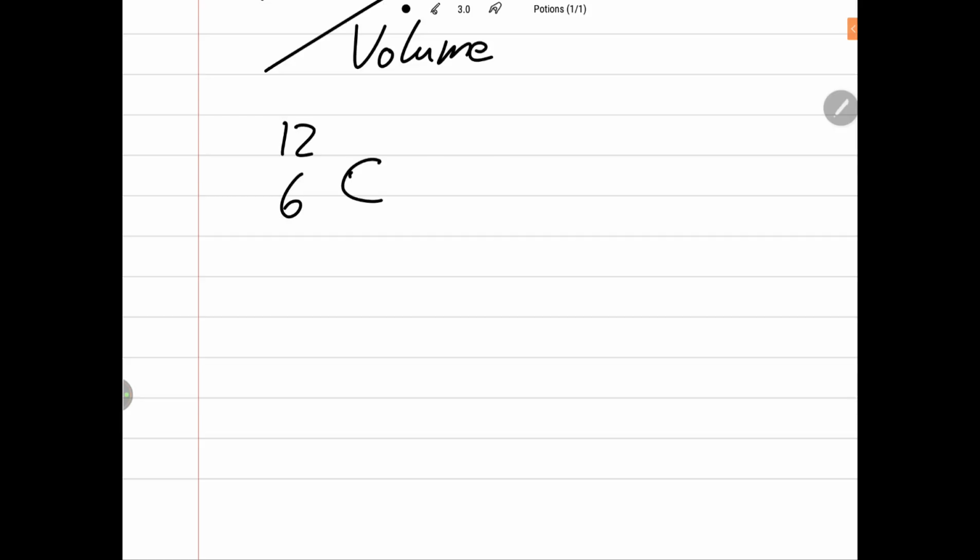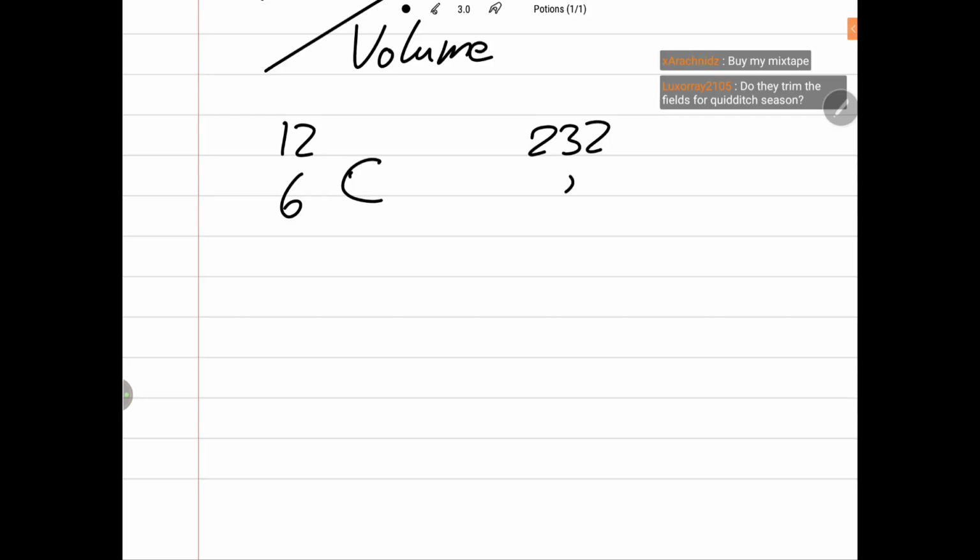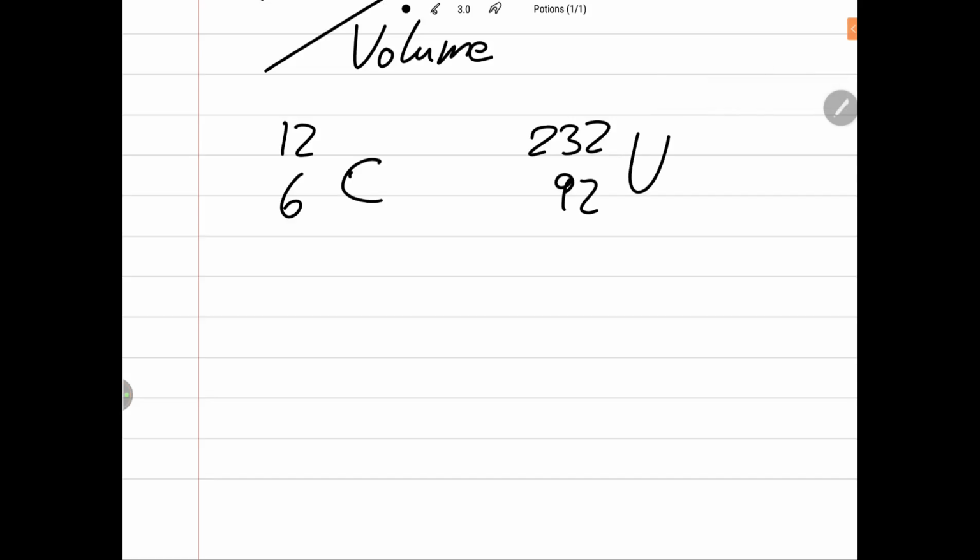12, 6 carbon. Have you seen that? Yeah? Or 232, 92. Uranium, exactly. Well done.